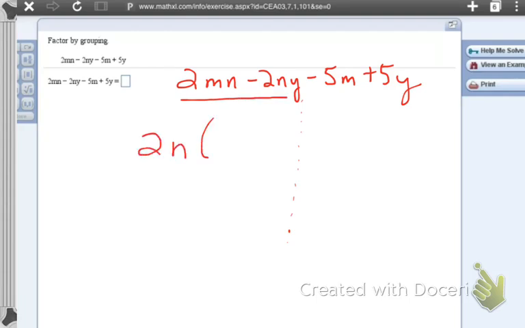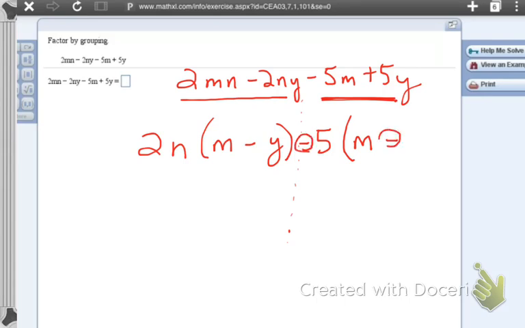And what would you be left with? M minus y. Then if I inspect the second two terms, you might be inclined to say the GCF is 5. Let's try pulling a negative 5 and see what happens. And then you'd be left with m minus, how come minus? Because a negative times a negative is a positive, right? So careful there. So m minus y.